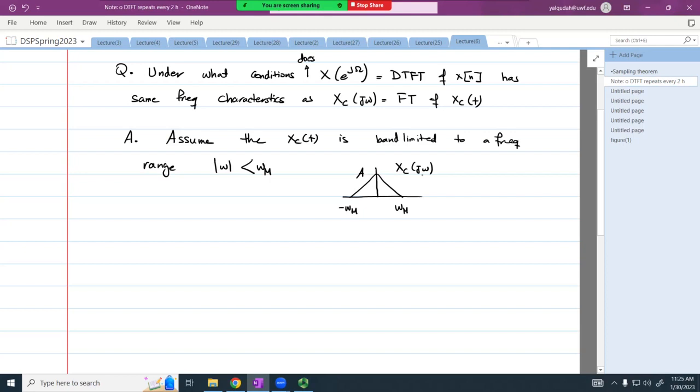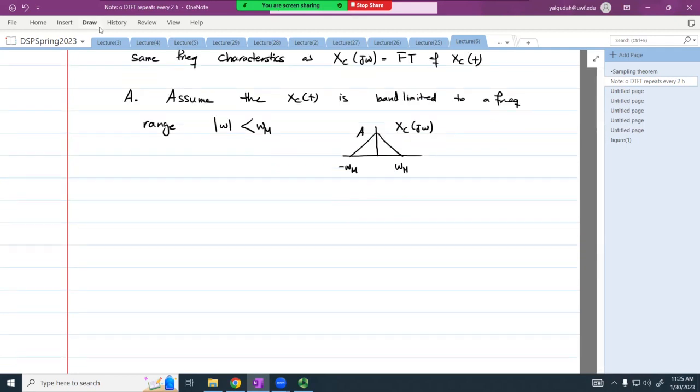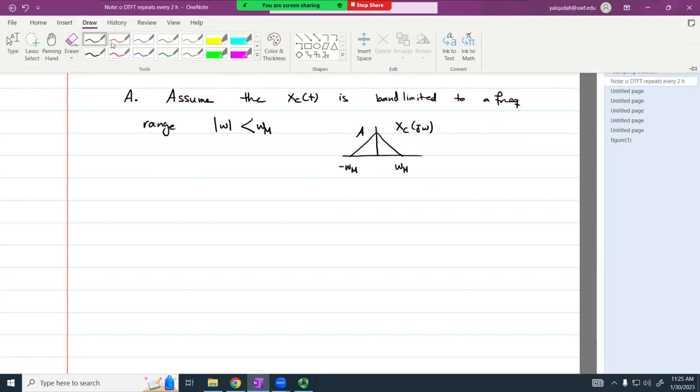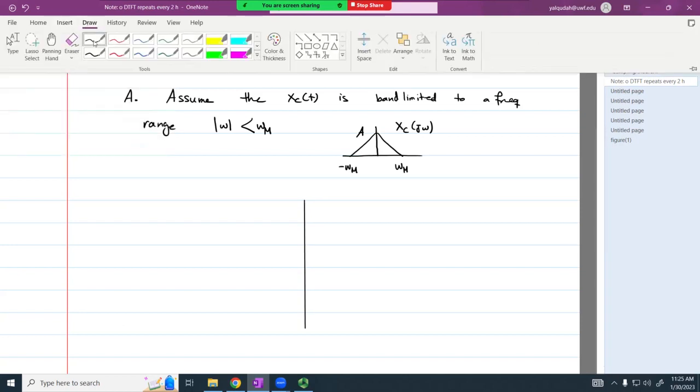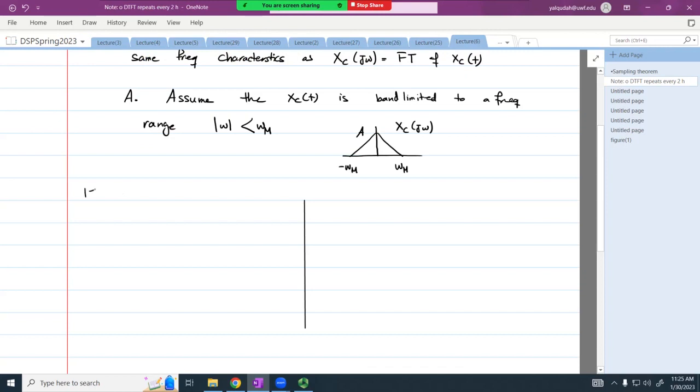If we have a signal that is limited to omega m, we're going to look at two cases. The first case, and let's plot a line here, is when omega s is greater than twice omega m. And the second case is when omega s is less than twice omega m.